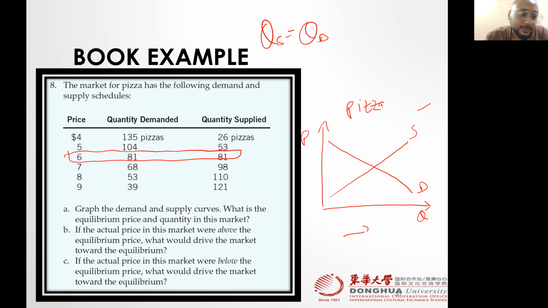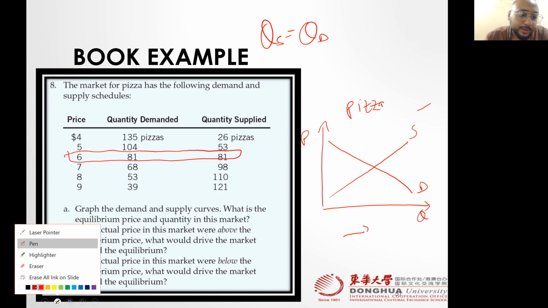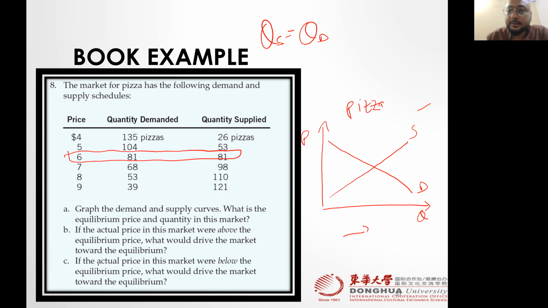So which one is the equilibrium price? Equilibrium price is fixed, and equilibrium quantity QE is equal to 81. So that is the graph for part A.